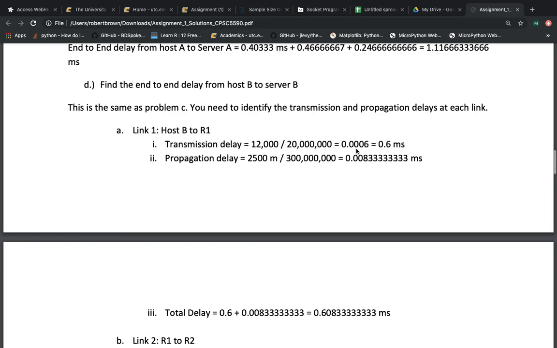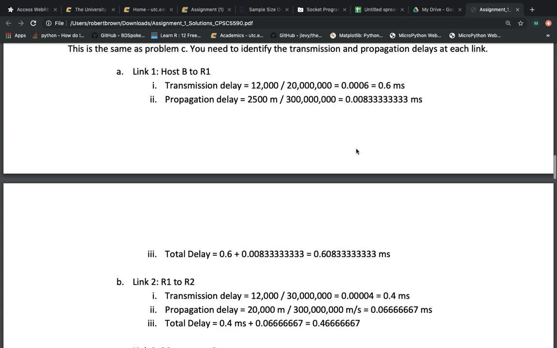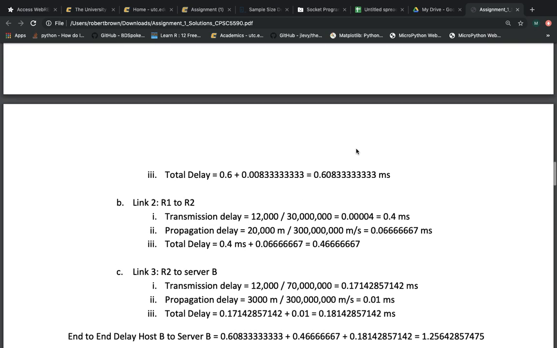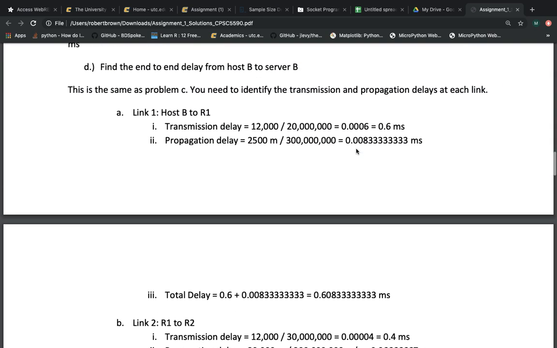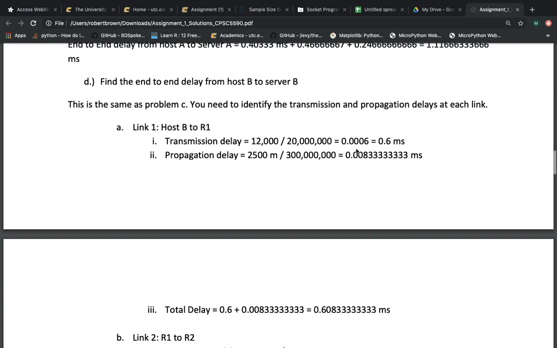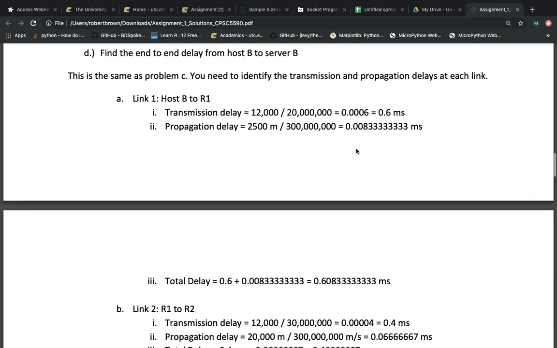So problem D, find the end-to-end delay from host B to server B. It's very similar to the prior problem. You would need to identify the links. There are 3 again, and then find the transmission and propagation delays at each link.